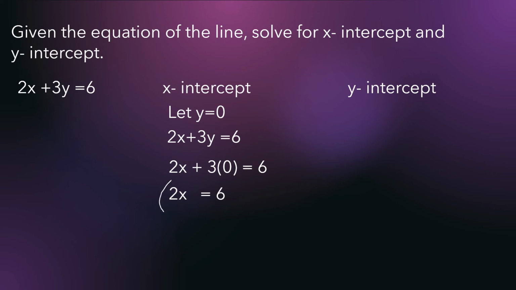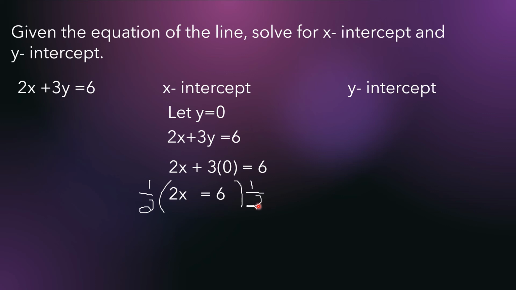By the multiplication property of equality, we need to get rid of this 2 because we want to solve for x. To get rid of 2, we're going to multiply both sides of the equation by 1/2, the reciprocal of 2. But multiplying by 1/2 is, look at this, 1 times 2 divided by 2, which means that we are just dividing by 2, because 1 times 6 is 6 divided by 2.